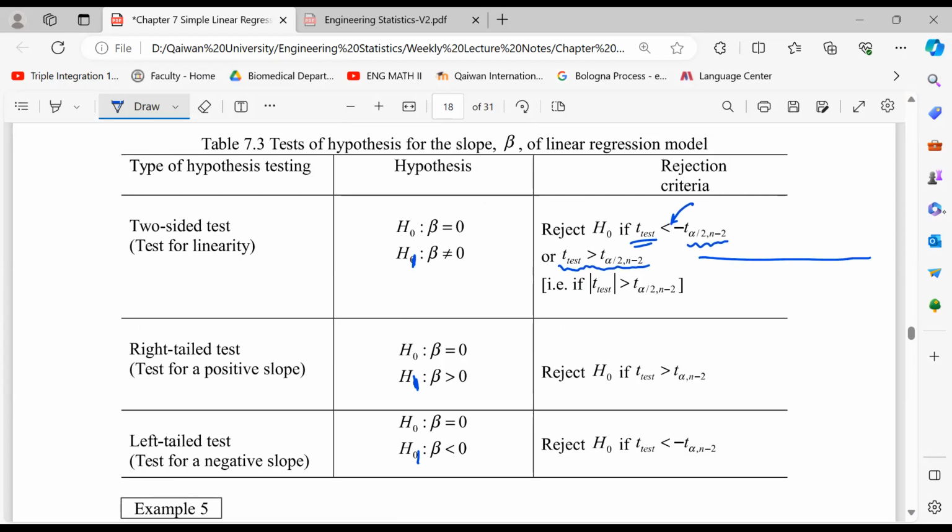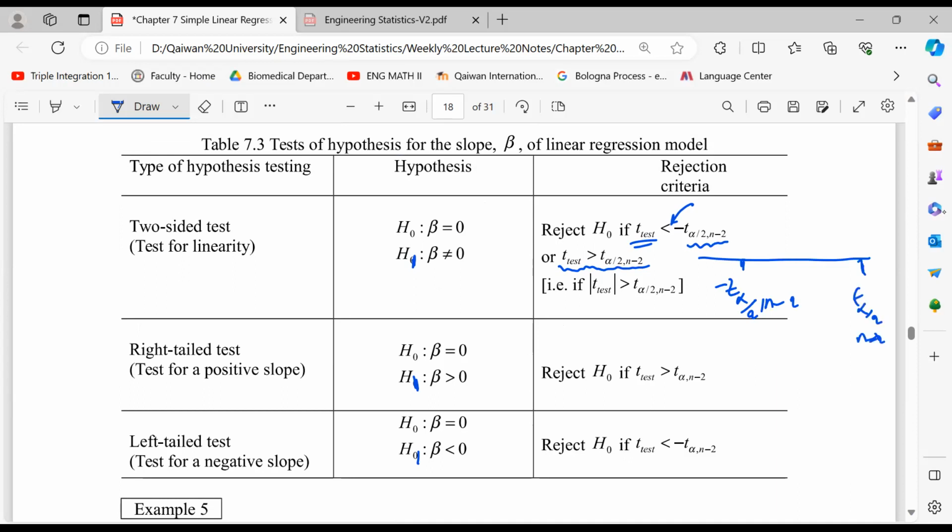Let's say this is minus t of alpha over 2, n minus 2, and this is t of alpha over 2, n minus 2.